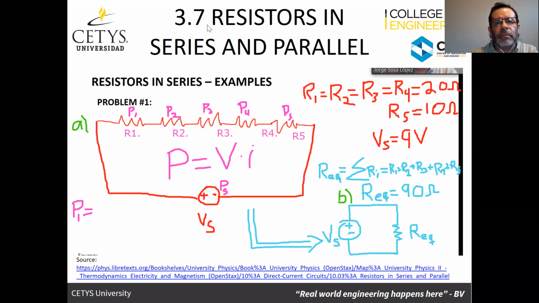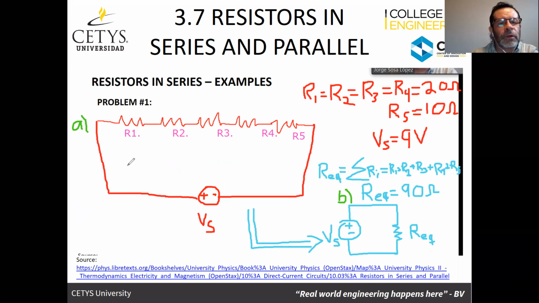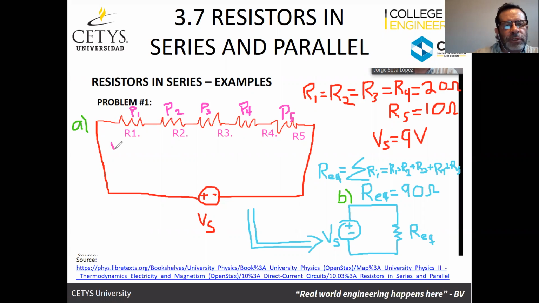So power 1, power 2, power 3, power 4, and power 5. Power 1 is going to be voltage 1 multiplied by current 1.